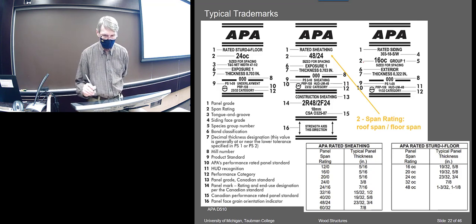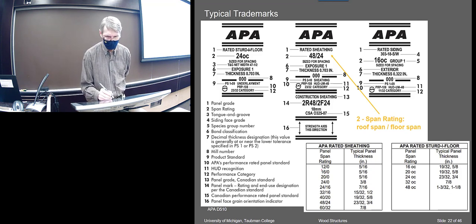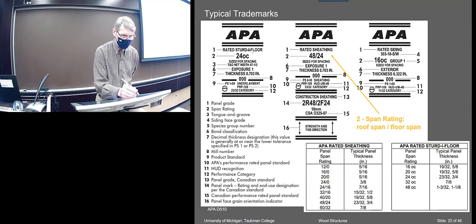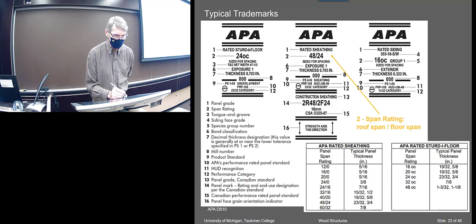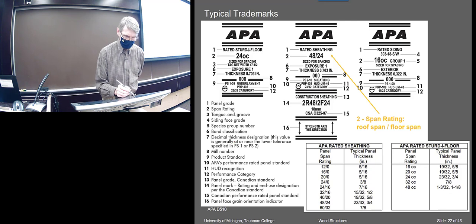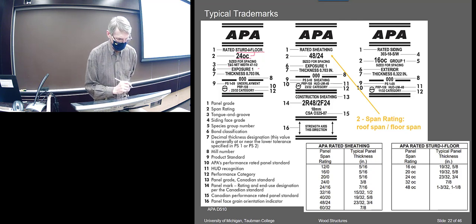Right, here's the span rating, roof versus floor. 24 on center, I think that's sheathing, sized and spaced, tongue and groove. Number 1 exposure. Oh no, this is sturdy floor. This is flooring, so this is specifically for floor, it looks like.